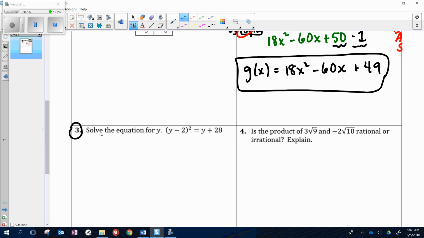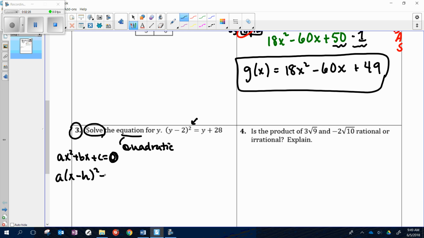Question number 3. Solve, and I believe this equation is a quadratic because I looked ahead and I saw the square. So we can try to get it in standard form, with a big fat 0 on the right-hand side, or completing the square would give us another form.